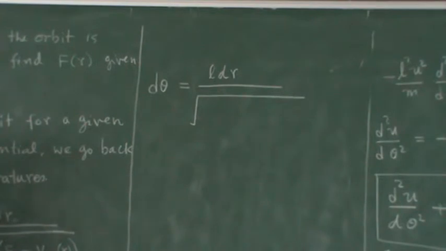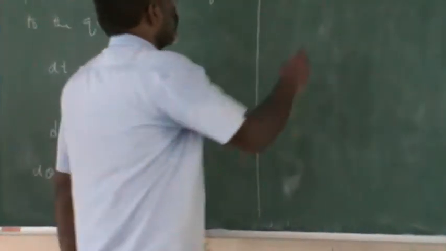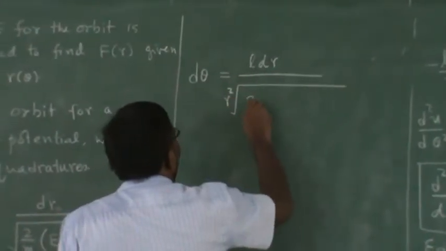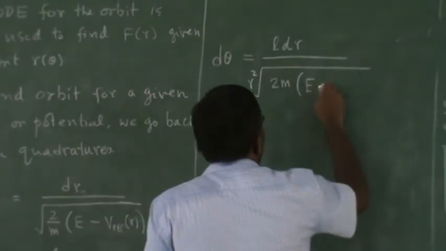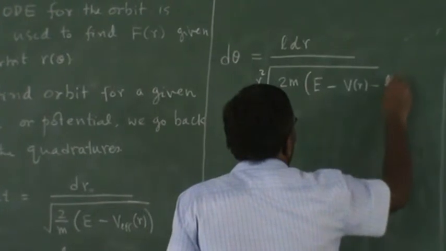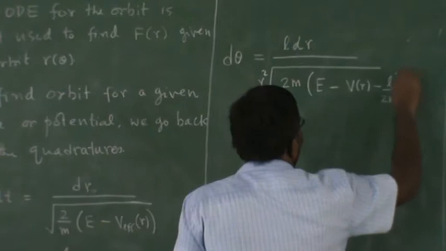So twice m into this quantity. I also take r square inside, m r square. Okay, let r square be outside. So I have r square, and then twice m into E minus V of r minus L square by twice m r square.